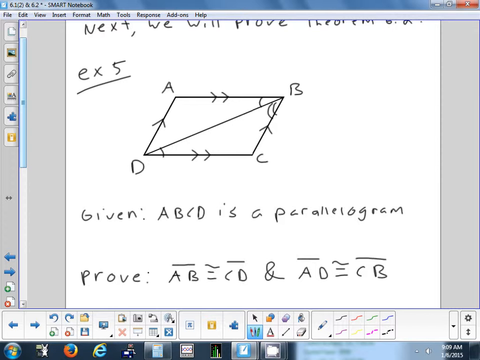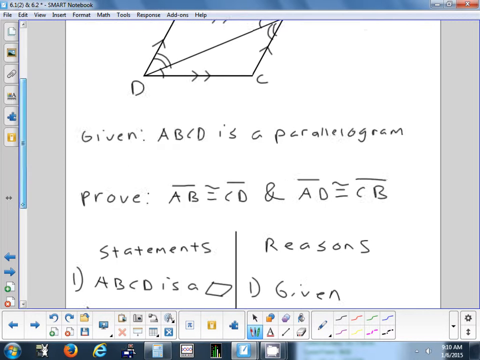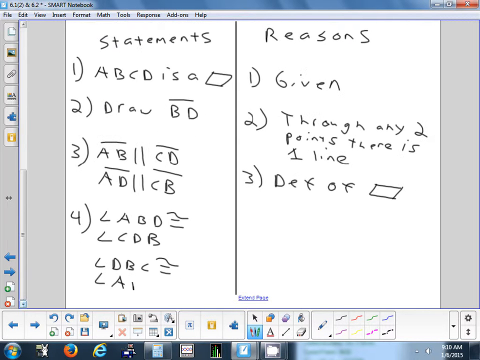So that's the same as, Luke? Angle ADB. Yep, ADB. And the reason, if you don't remember, is the alternate interior angles theorem, not the converse.